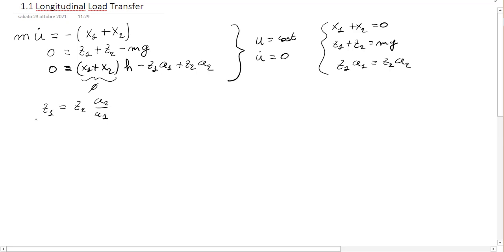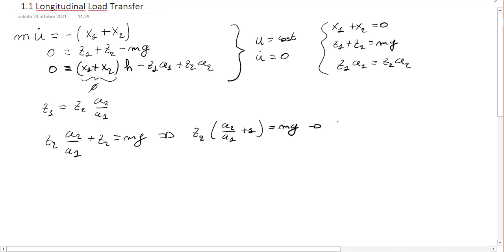Let's put this consideration in the second equation, and what we have is z2 a2 over a1 plus z2 equals mg. That means z2 times (a2 over a1 plus 1) equals mg, so z2 equals mg times a1 over (a1 plus a2).